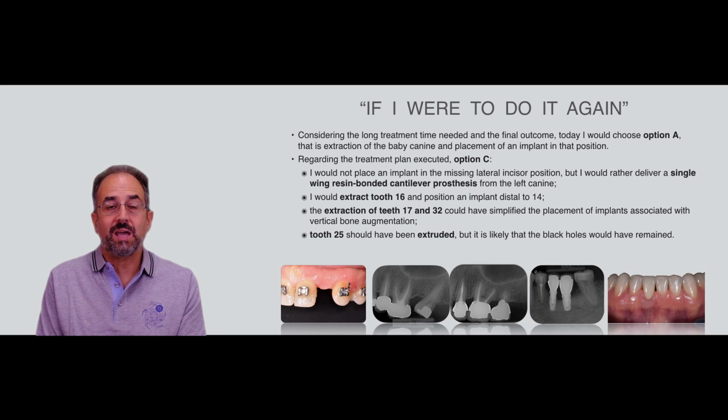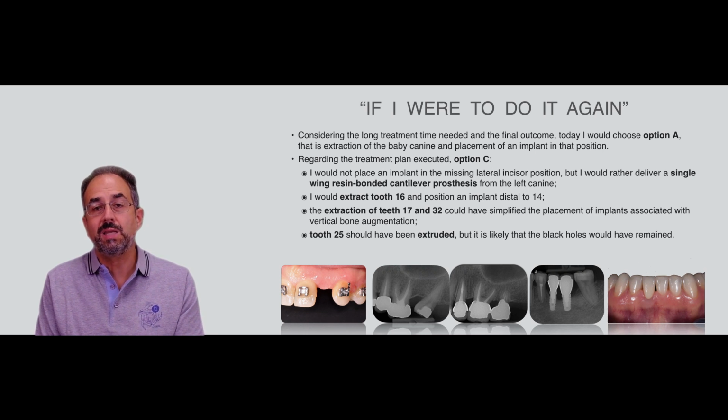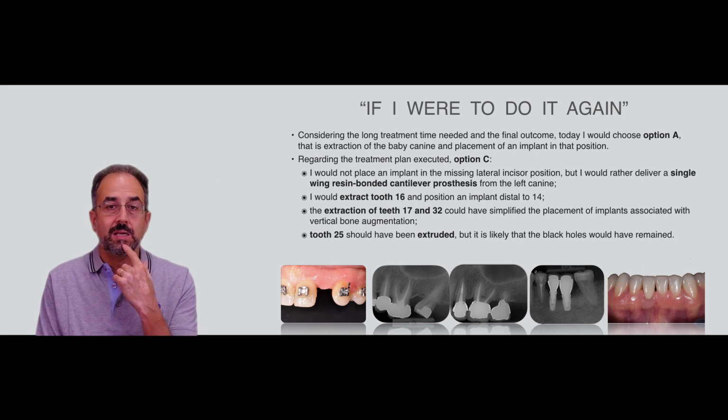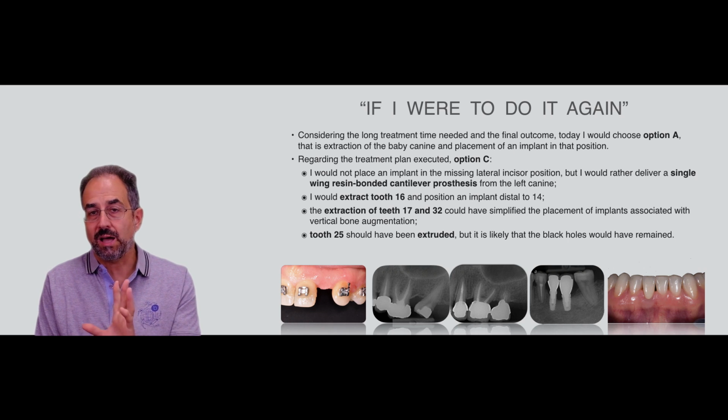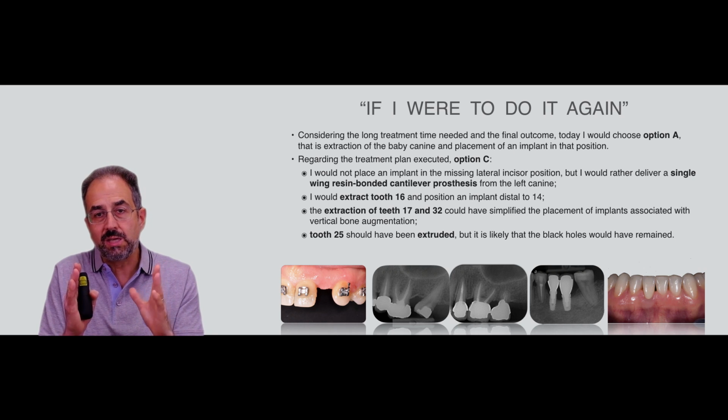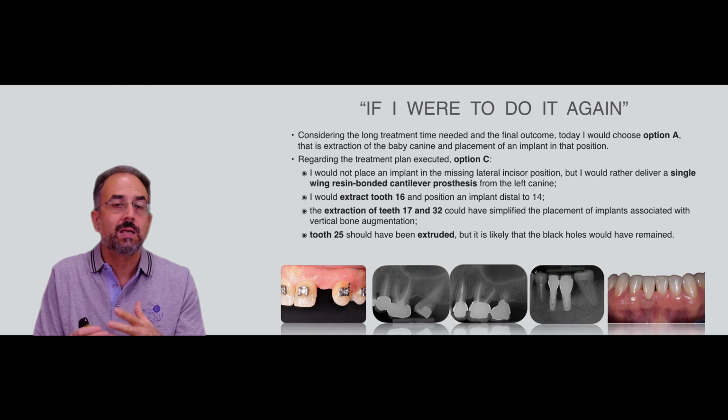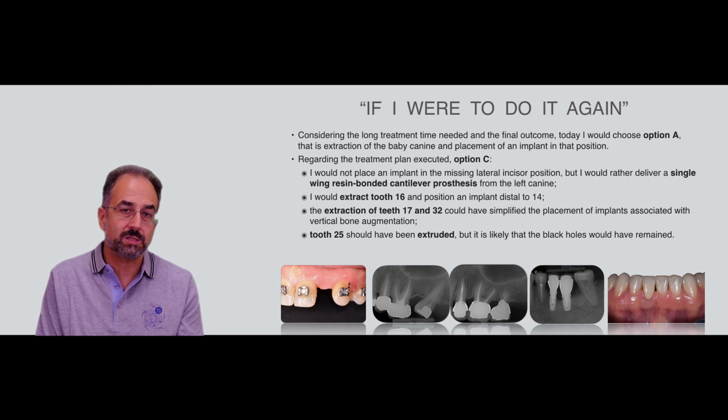And also, I think that 25 should have been extruded a bit to try to harmonize the gingival lines in the lower front, but because of the size of the teeth and the loss of papilla, I still would have had some black holes. This is, of course, a minor problem.